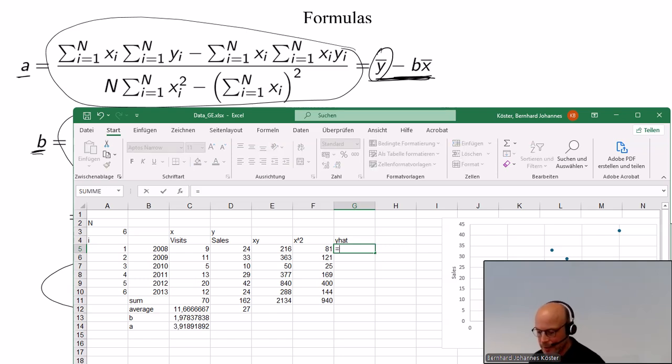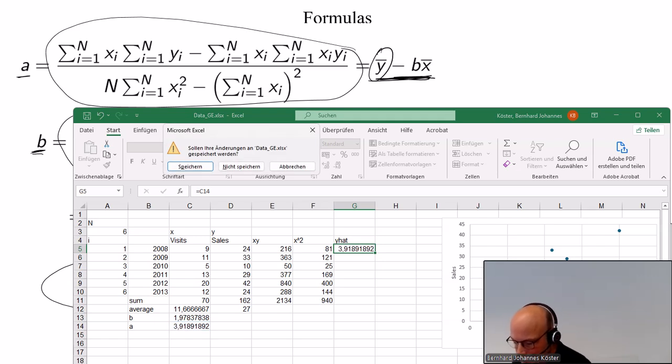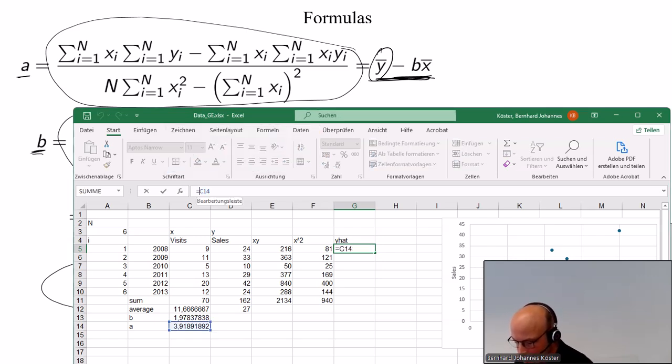So y is A, and in order that I can copy this, I have to put dollars. I think this was possible like this. No, right? Then let's do it by hand.